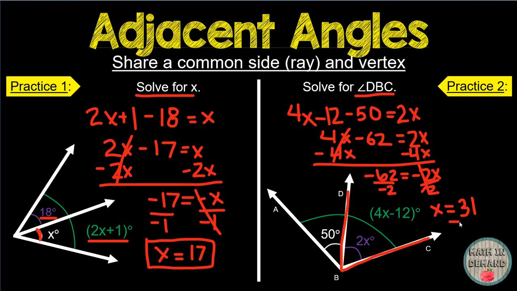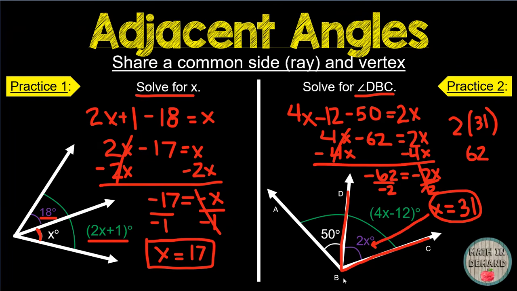So I know x equals 31, but this is not my overall answer because I need to plug it in to the purple term, which is 2x. So it's 2 times x, so I'm going to take 2 times 31. When I multiply 2 times 31, we know that is 62.